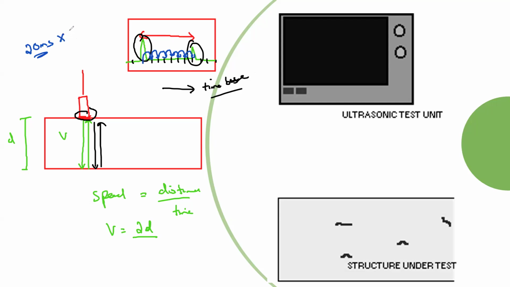It means it will be 20 multiplied by 7, so the time interval between the two pulses is equal to 140 milliseconds. So using this time and the speed, we can know the width of an object, or how much distance the wave covers, the distance between the source and the reflecting surface.